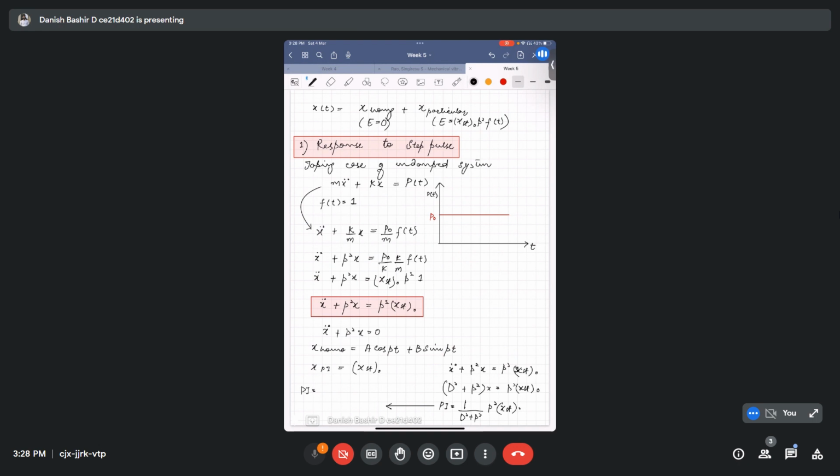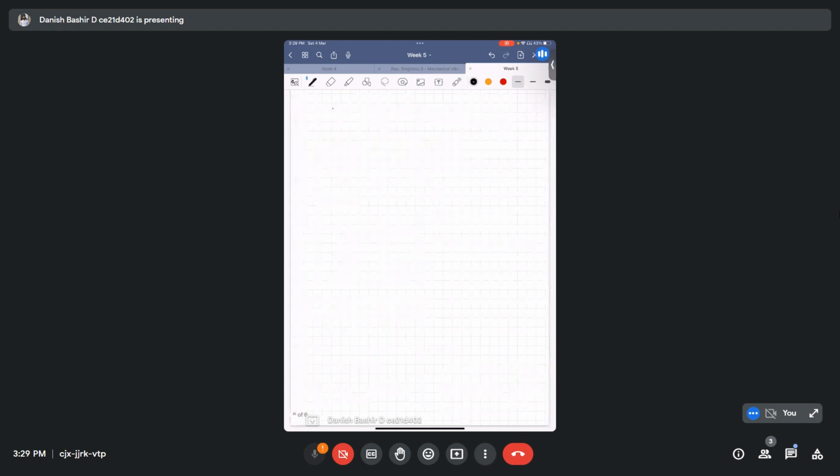PI will then be equal to, if I take p square common from the denominator, p square into 1 plus d square by p square, into p square x static naught.